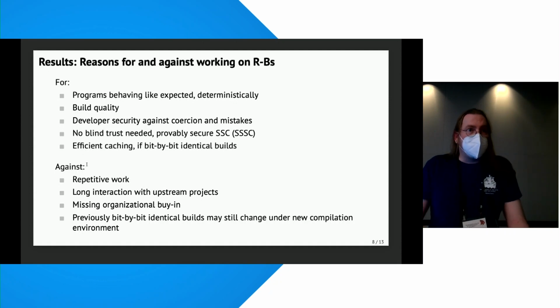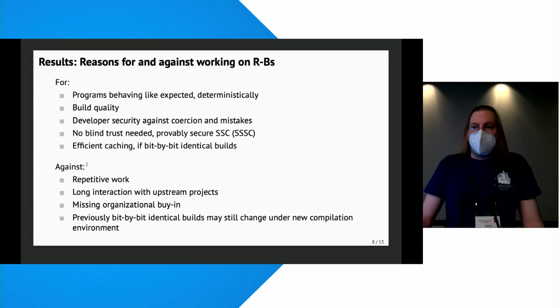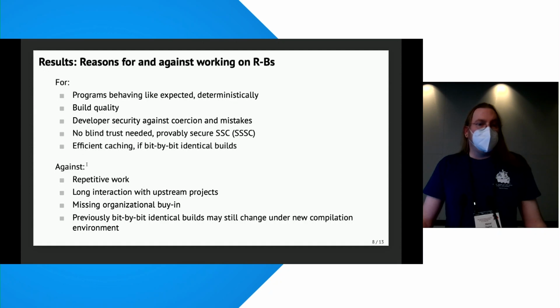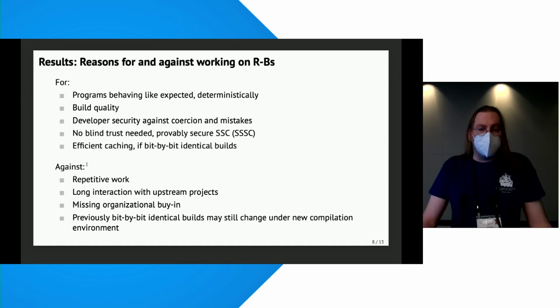Also, since I mentioned the Snowden revelations, there's an aspect of developer security against coercion, or maybe honest mistakes. There was one occasion where a developer included a private key into a repository, and the private key was introduced into a build, and the difference was found by reproducible builds because there was a binary difference that was only explainable by, well, there was the new key introduced, and that got included.